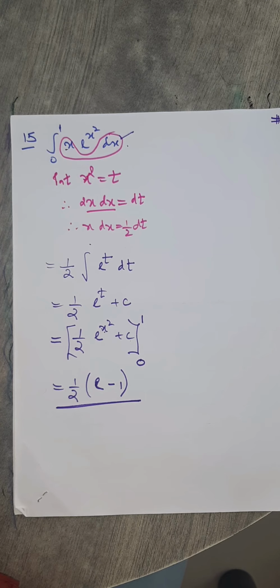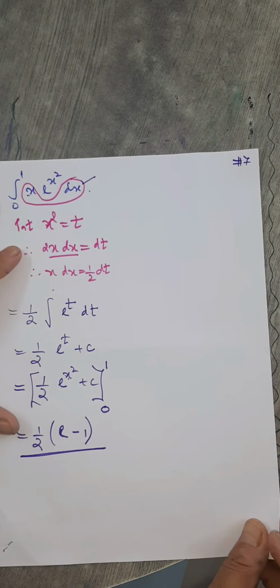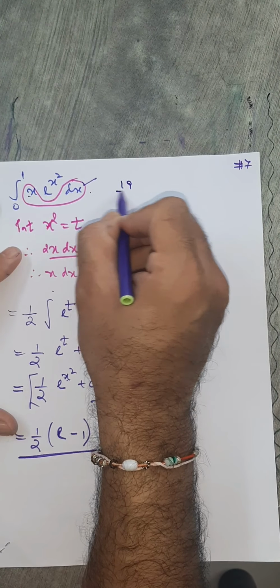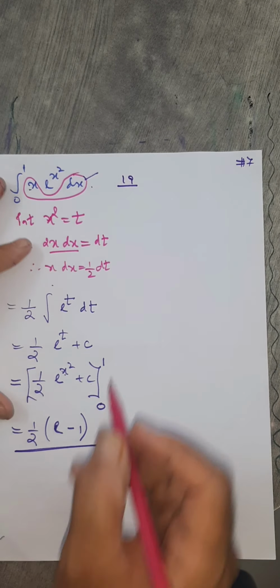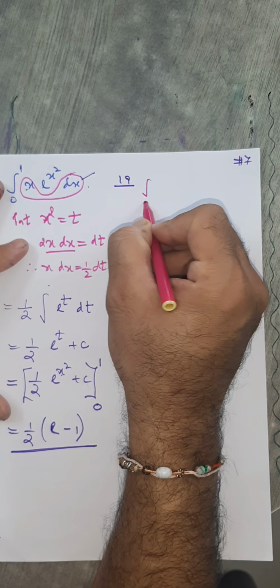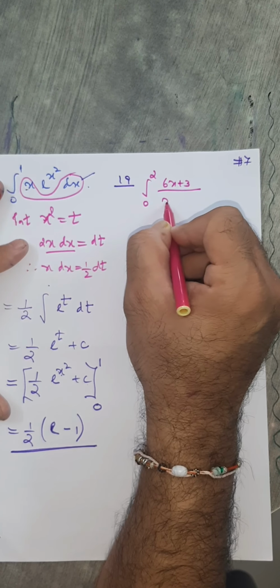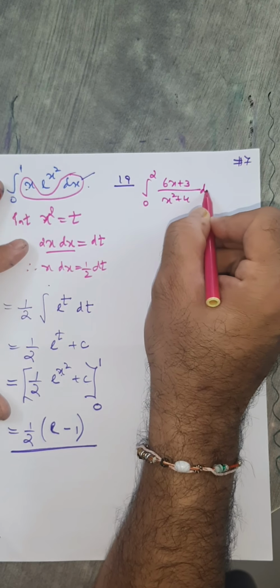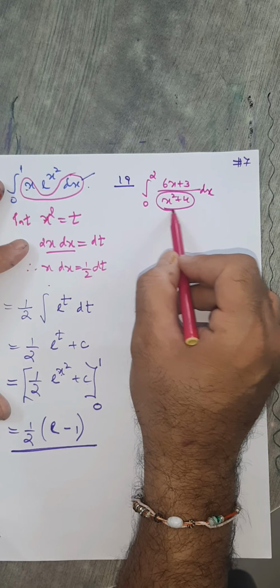Now we go to the next question, question number 19. That is integral 0 to 2 of (6x plus 3) upon (x square plus 4). Linear upon quadratic, you need to set the derivative of the denominator.